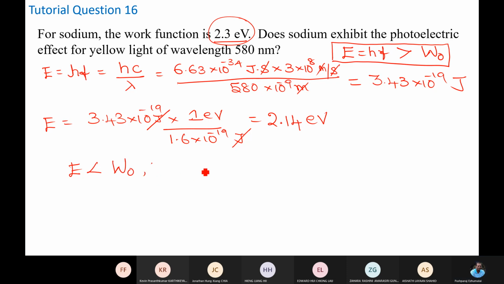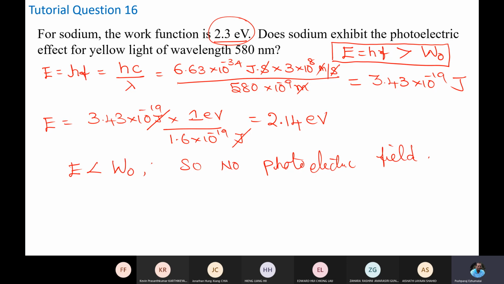So no photoelectric effect takes place. Clear?